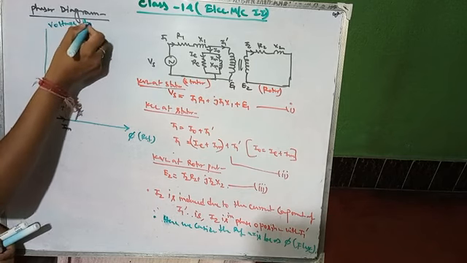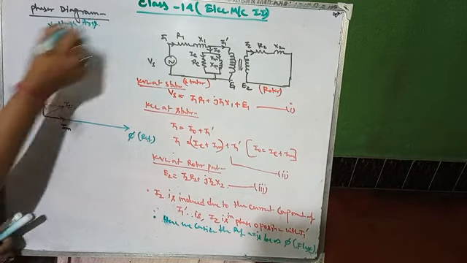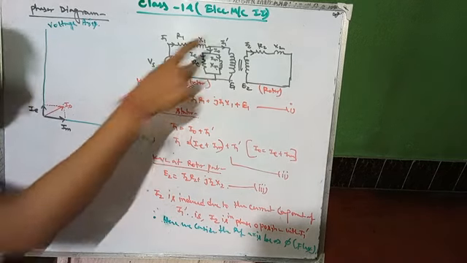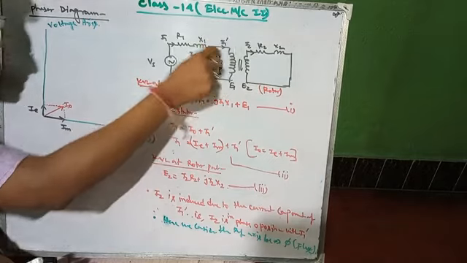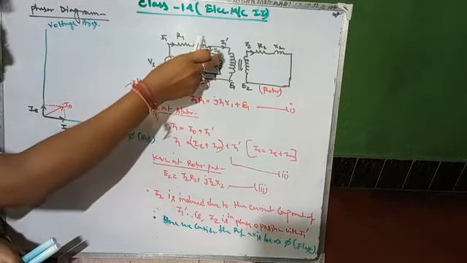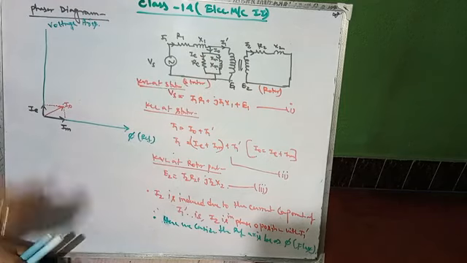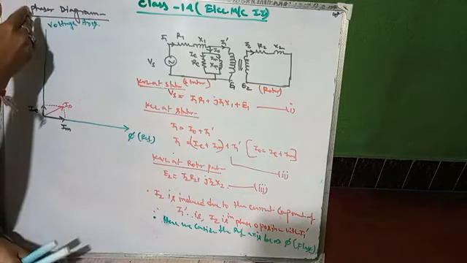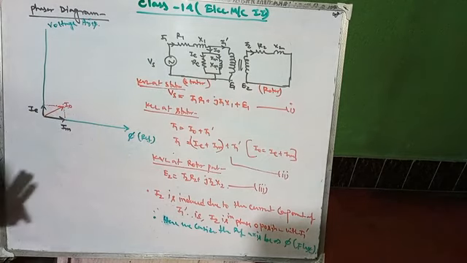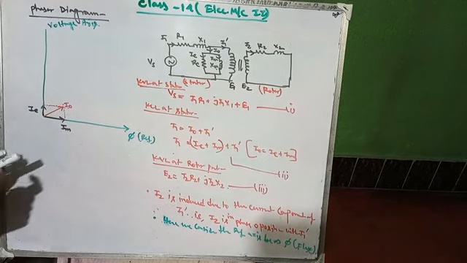From this voltage axis the current is lagging. This I1 dash current is lagging. Why? Because it is an inductive current. It is an RL type circuit. So from this voltage axis the current always lags behind by some angle.